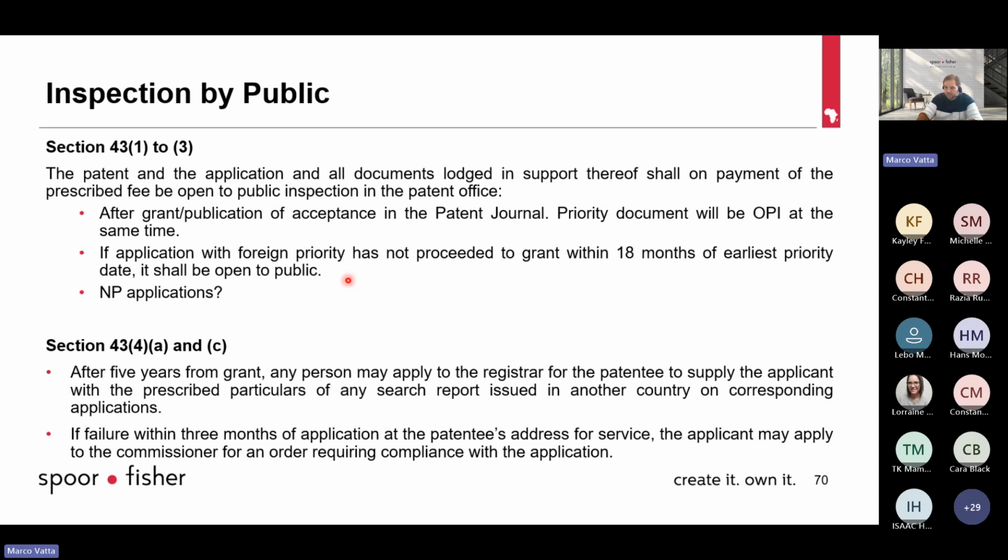So you'll remember when we looked at the PCT timelines, when the international application is published, which is usually 18 to 22 months after filing the PCT application, it is then published on Patent Scope of WIPO's website, and those documents are then already publicly available. So the South African national phase application in most instances is already open to public inspection by the time it is filed in South Africa.